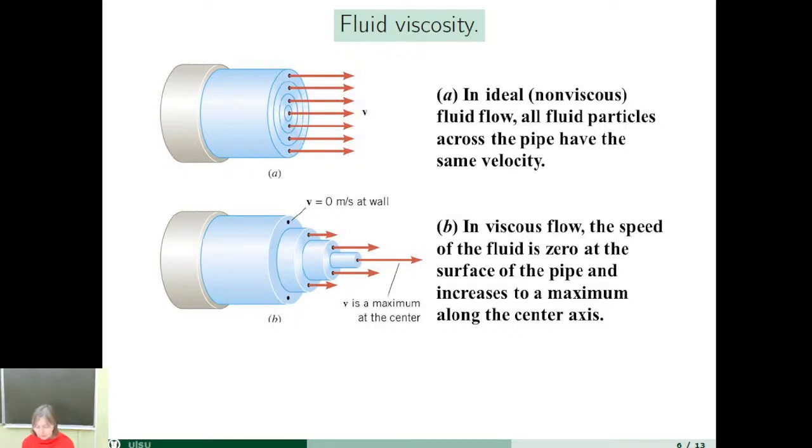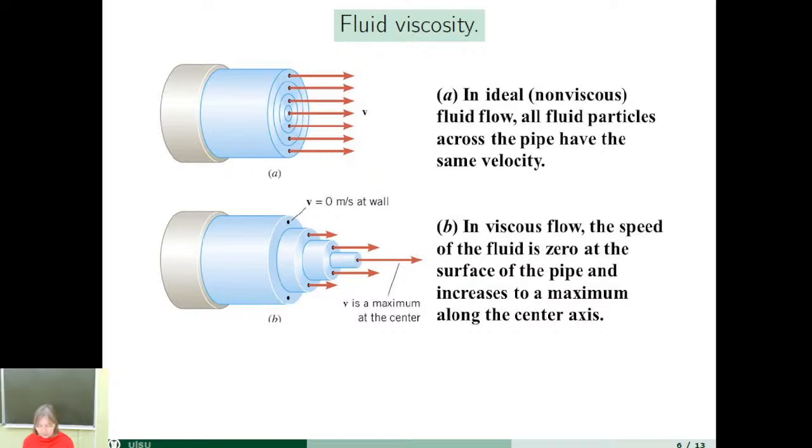A, in ideal non-viscous fluid flow, and B, in viscous flow, the speed of the fluid is zero at the surfaces of the pipe and increases to a maximum along the center axis.